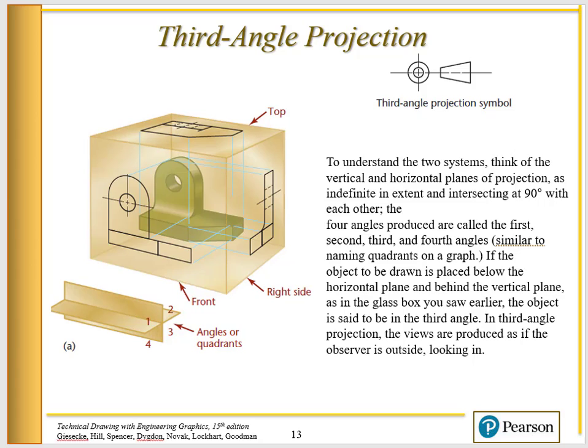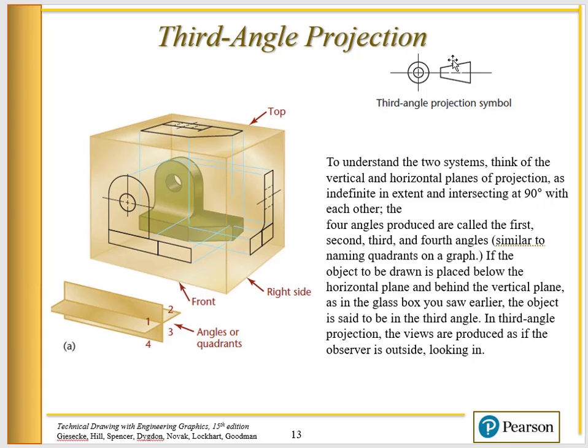In this particular case, what we're looking at is the view of the object displayed from the inside of the box. So it's projected from the object inside to the outside of the box. This is what I think of as third angle projection.